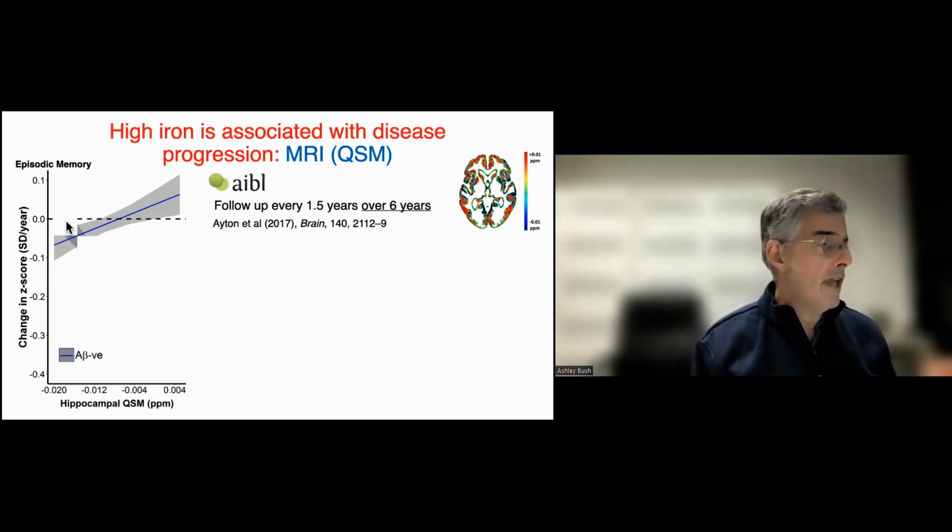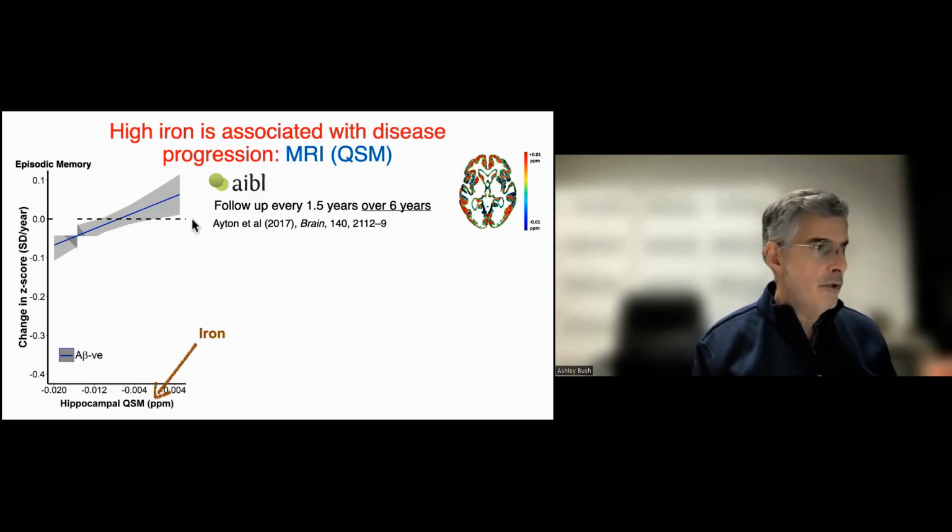And on the left-hand side, we see the change in cognition measured by Z-score change per year, standard deviation per year, in episodic memory, and its relationship to hippocampal iron, hippocampal QSM. So to begin with, in individuals who were PET scanned and found to be amyloid negative, elevated hippocampal iron did not appear to impact negatively upon cognition.